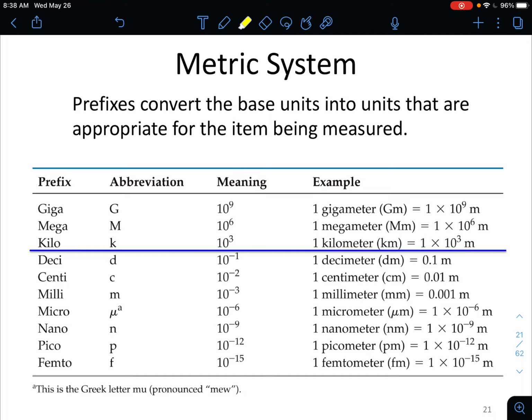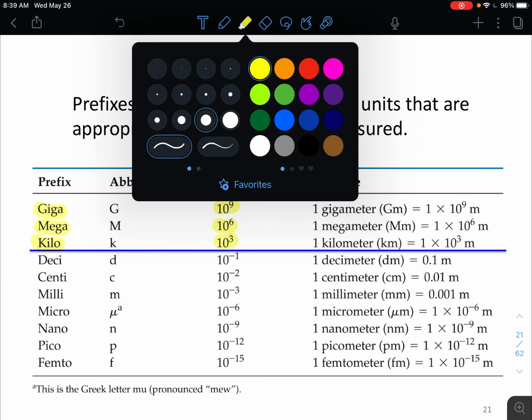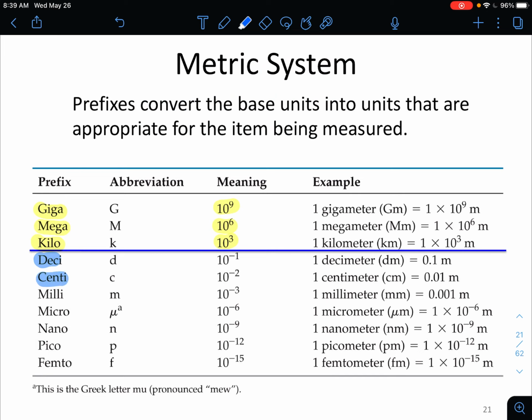The blue line that I made in the top third of this chart shows that the ones above the blue line are making the unit larger, right? 10 to the third, 10 to the sixth, 10 to the ninth. Whereas going in the other direction, deci, centi, milli, we're making the unit smaller, 10 to the negative 1, 10 to the negative 2, 10 to the negative 3. So you want to know these prefixes, so when you're looking at a unit in the metric system, you can figure out what we're actually referring to.